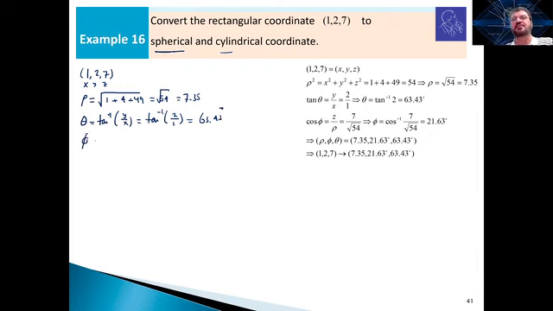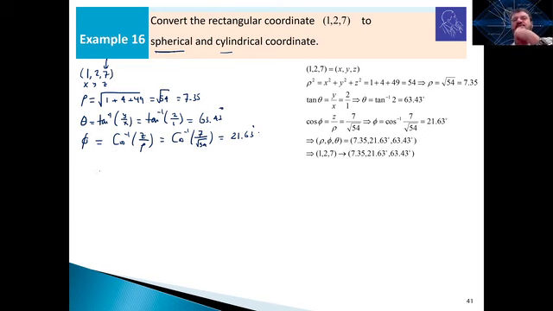How about phi? Phi is cosine inverse z over rho, which is cosine inverse of 7 over the square root of 54. If you do this with the calculator, you get 21.63 degrees. That's it. You got rho, phi, and theta.